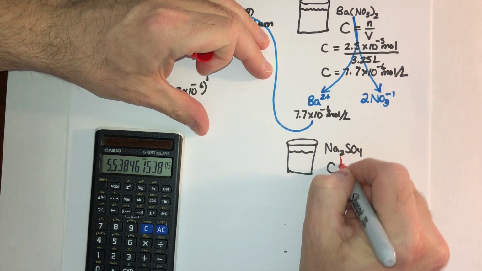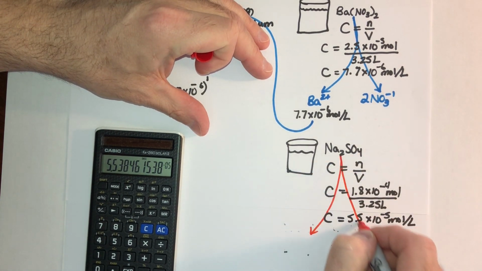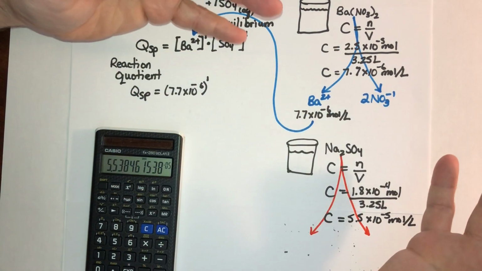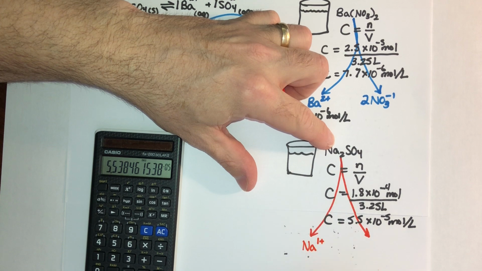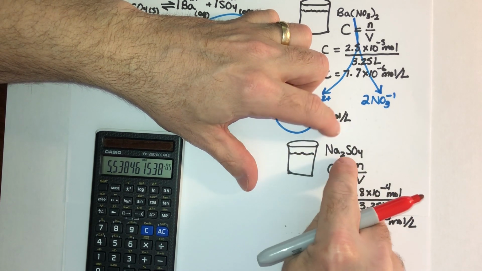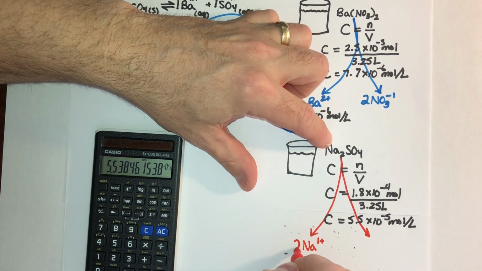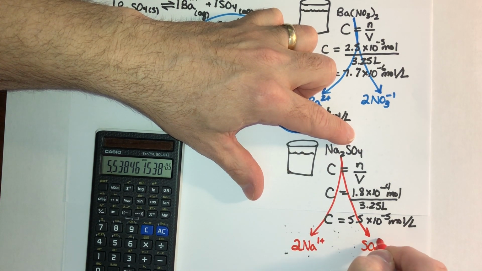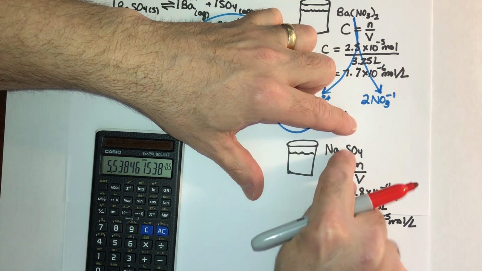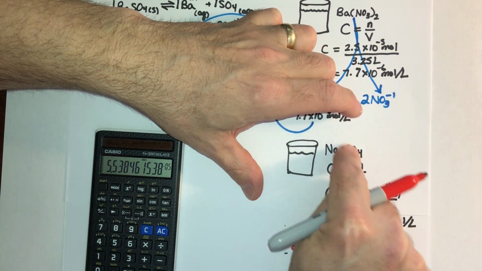Okay, so again, let's talk about this splitting up. Because in water, it does split. So you have sodiums, so sodium 1 plus. And this thing has 2 of them, so there's going to be 2 sodium plus. It's going to break up and give you sulfate, so SO4 2 minus. So even though it has 2 sodiums, it only has 1 sulfate.